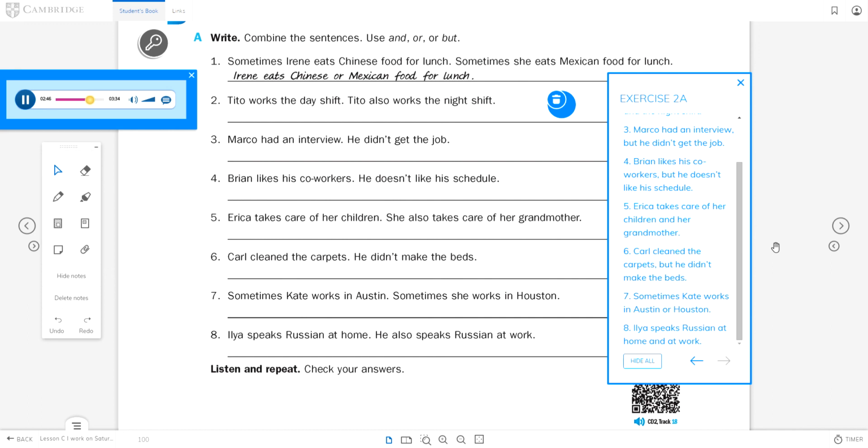Sometimes Kate works in Austin. Sometimes she works in Houston. Kate works in Austin or in Houston. 8. Ilya speaks Russian at home. He also speaks Russian at work. Ilya speaks Russian at home and at work.